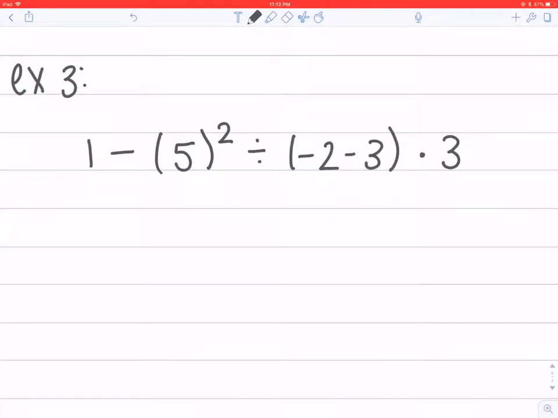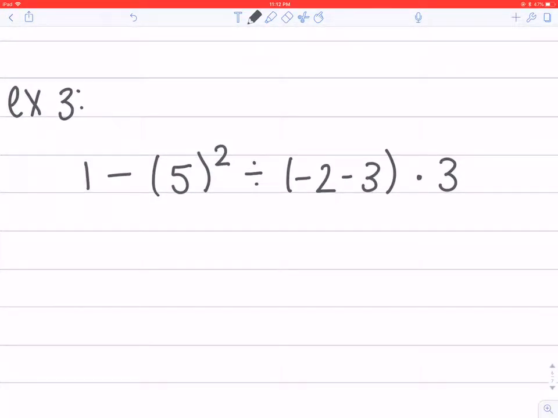Alright, my last one has a few more steps, but I'm still going to follow the same order of operations. So first thing, parentheses or any grouping symbols. So I have parentheses right there. And again, because those individual numbers are not in parentheses, I'm assuming that that is a subtraction sign.